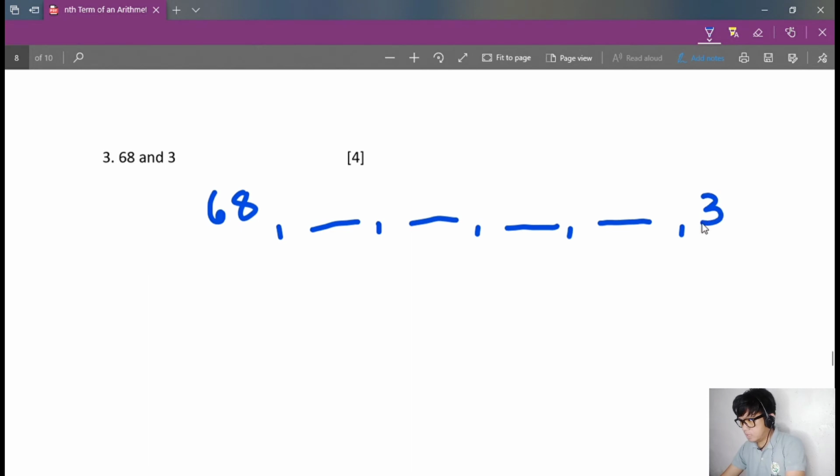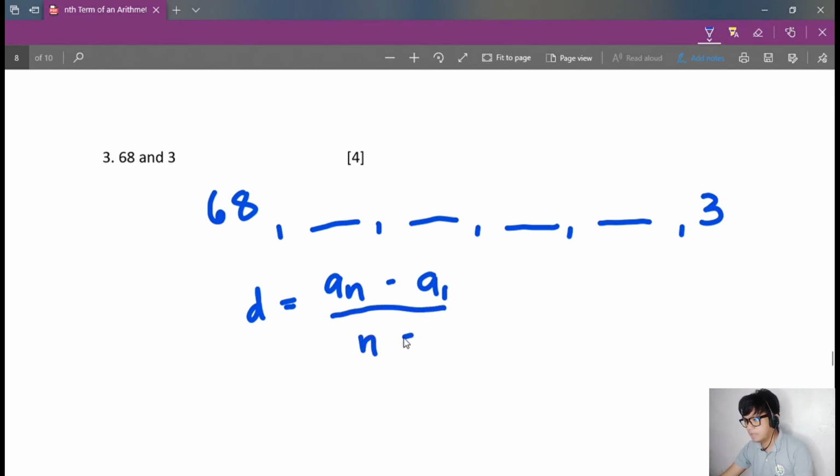So, 3. So, kunin natin yung common difference. Common difference is d is equal to a sub n minus a sub 1 over n minus 1.